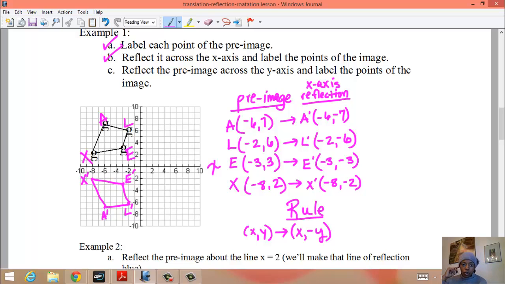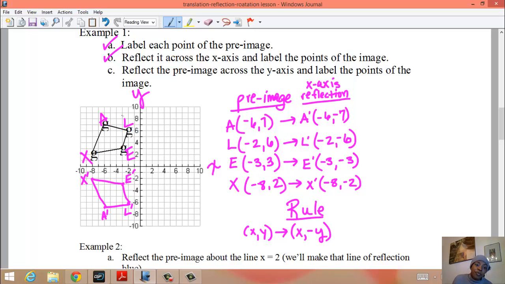Now we're going to do the next part. We're going to go back to our pre-image, Alex, right here, and now we're going to flip it over the y-axis and label the points of the image. Because I'm flipping over the y-axis, I'm going to count how many units each point is away from the y-axis, and then count that many units onto the other side of the y-axis.